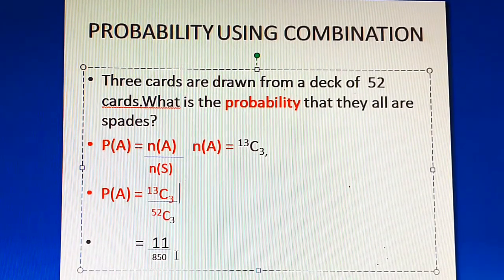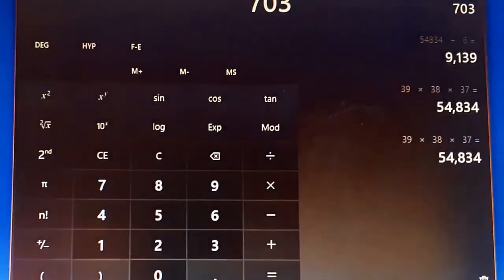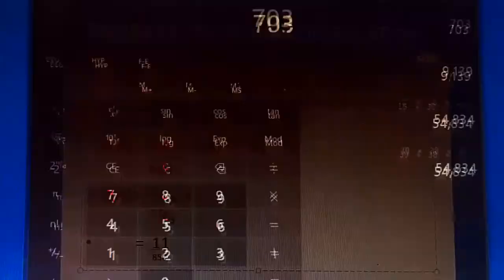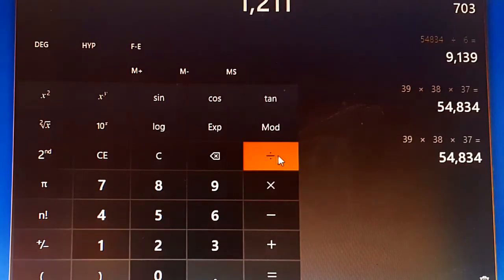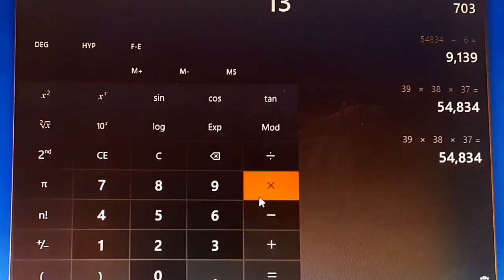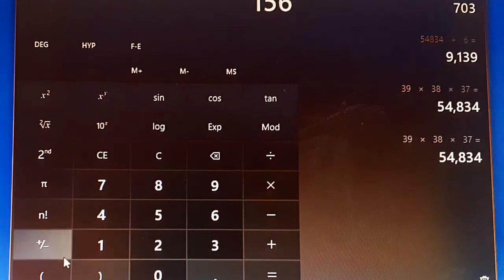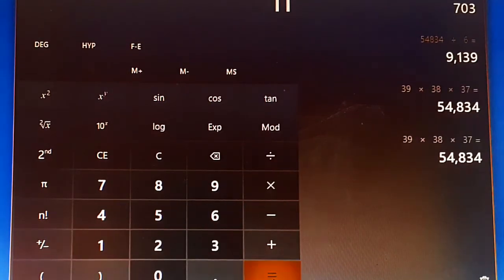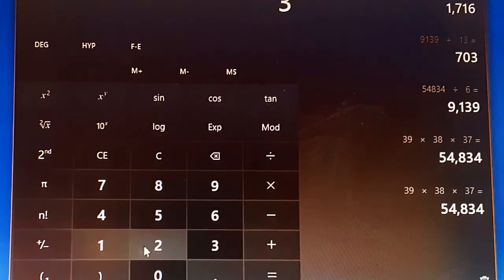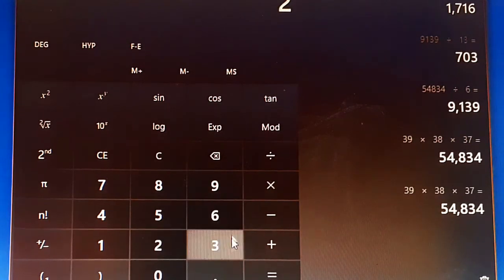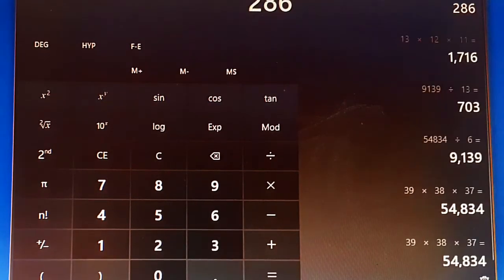Finally, you will be getting 11 divided by 850. Okay, you can cross check. What is 13C3? Use your calculator and tell me what is 13C3. I'm just using the calculator. 286.